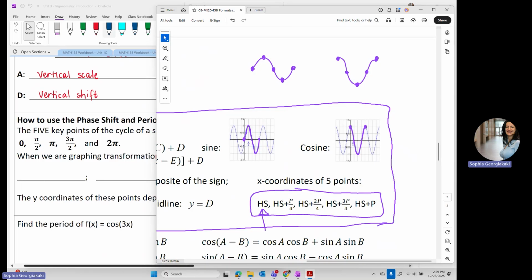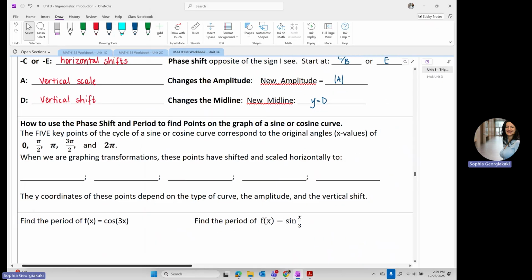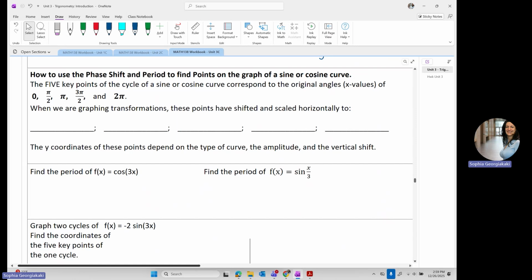The first point is horizontal shift plus 0, and then the other points are plus 1/4 of a period, plus another quarter, plus another quarter, and plus the last quarter of a period. So the 5 key points of the cycle of a sine and cosine curve correspond to the original angles of the 5 critical locations: 0, pi halves, pi, 3 pi halves, and 2 pi, which are the quarters of the original period.